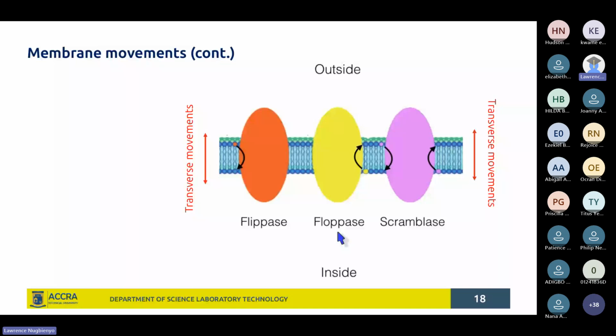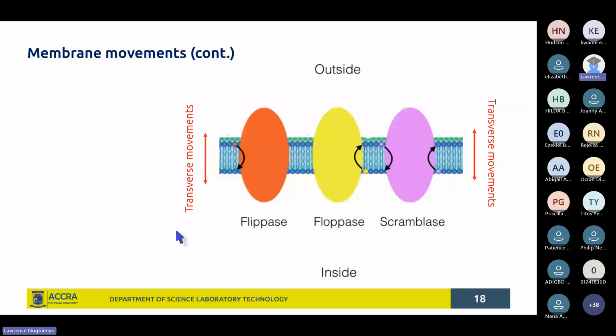Enzyme naming, and you can see it here too. Flip movement, that's an activity, you say flippase. Flop movement is an activity, you say floppase. That's a scramblase, more like it's scrambling. It's either in or out. It's not flip, it's not flop. It can be both. And that name is given to it as scramblase. All right.